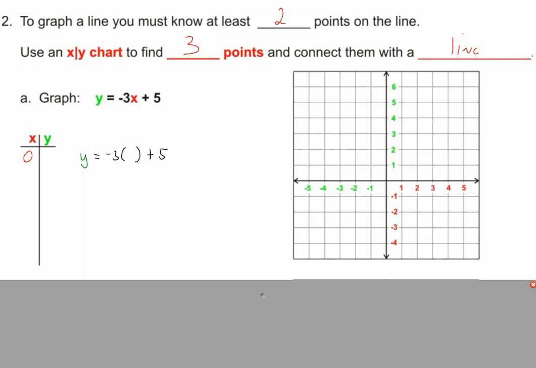So I have y equals the negative 3, the parentheses for where the x is, plus 5. And now I'll take my red and I'll put a 0 in for the x. You see how that takes out that whole term? Makes it pretty easy. And what is the y value going to be? 5. So that's why I like to use 0.